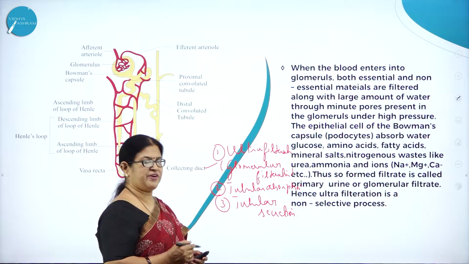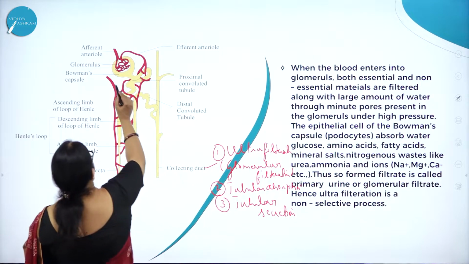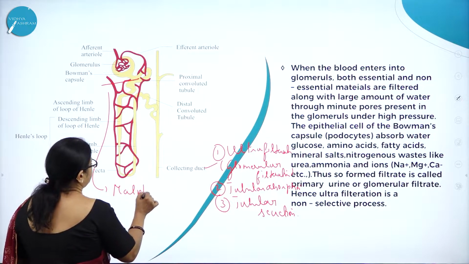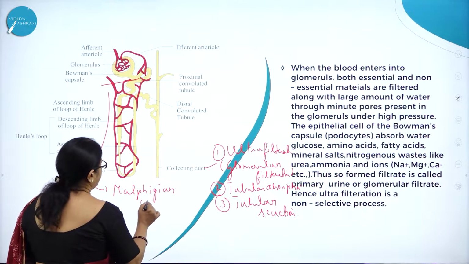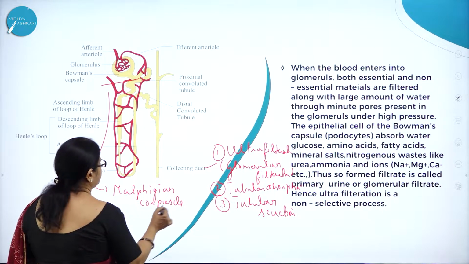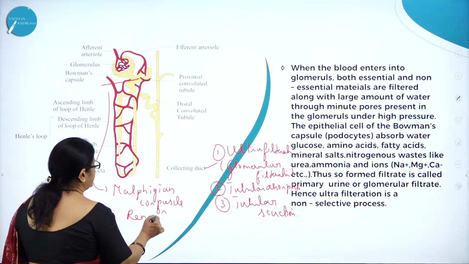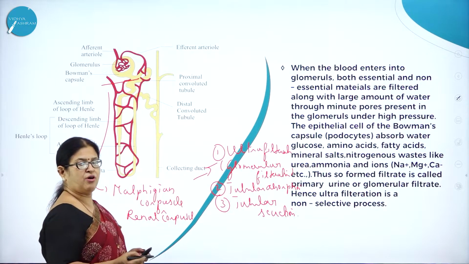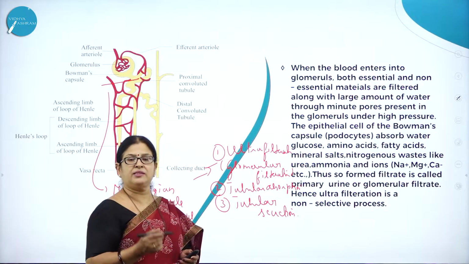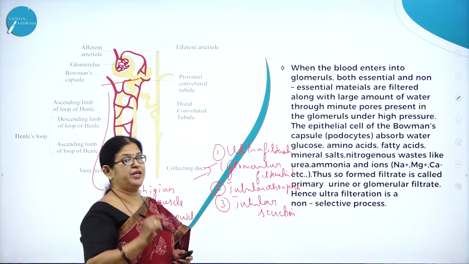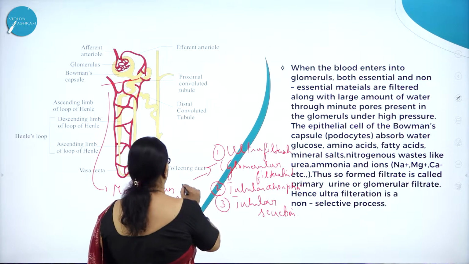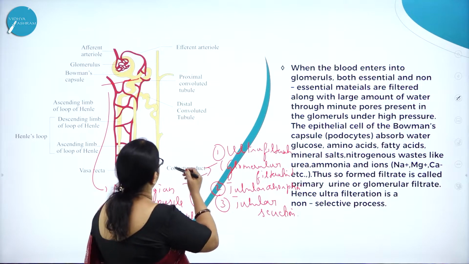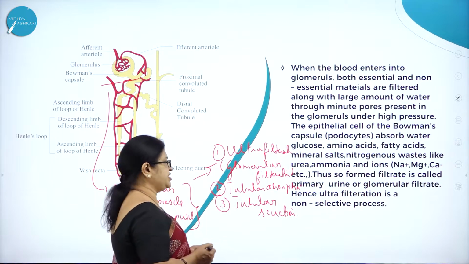As we all know, we have studied the structure of a nephron. Here we can see this particular part which is called the Malpighian corpuscle, or the renal corpuscle, where the ultrafiltration of urine takes place and the process of formation of the primary urine will take place in this particular part of the nephron called the Bowman's, that is the renal corpuscle or Malpighian corpuscle.